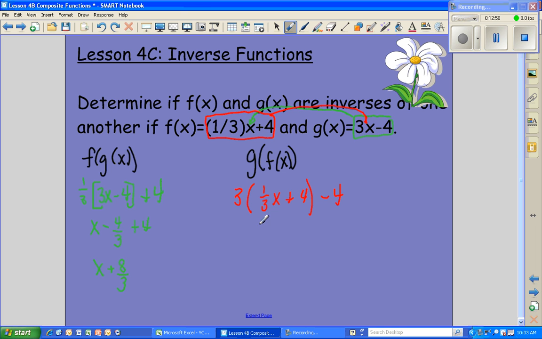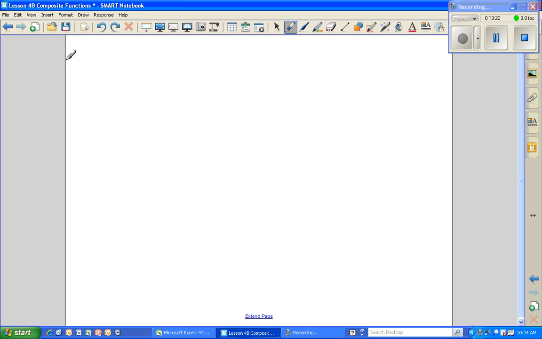So 3 times 1/3 gives you 1x. 3 times 4 gives you 12. And then minus 4 is going to give you x plus 8. Do these guys give you the same thing? Nope. So no, they're not inverses of each other. All right, you got to get the same thing.